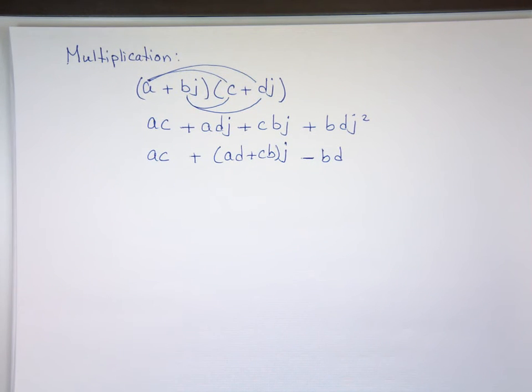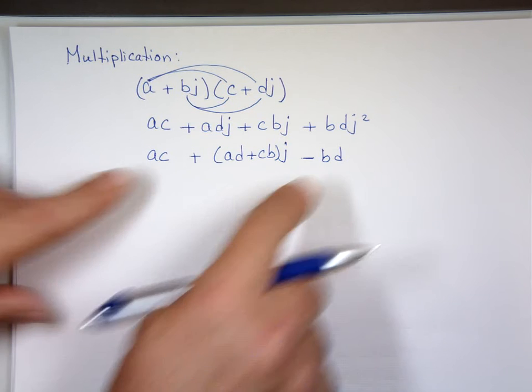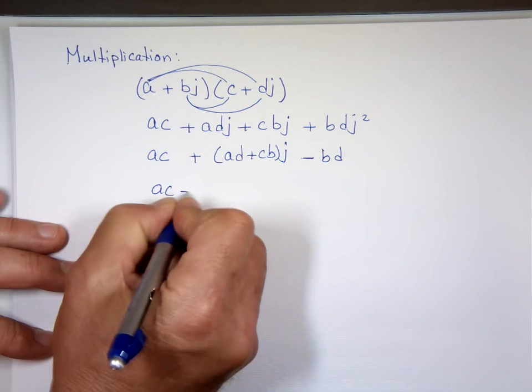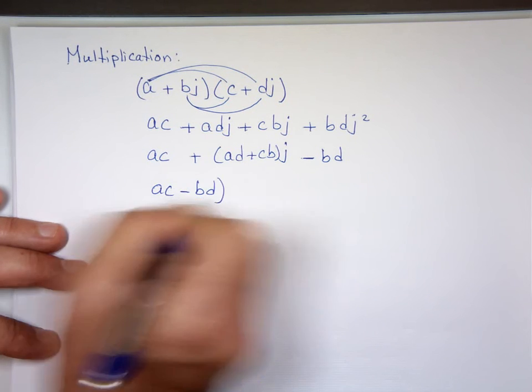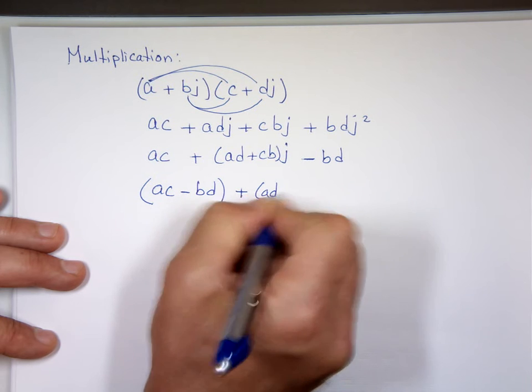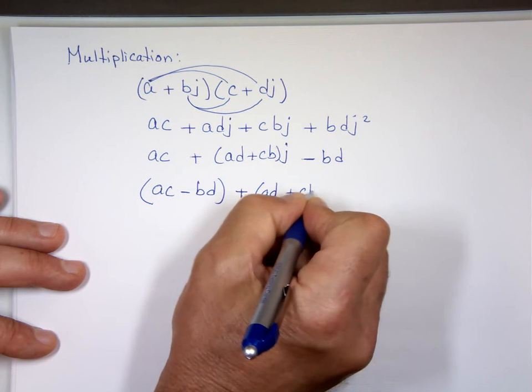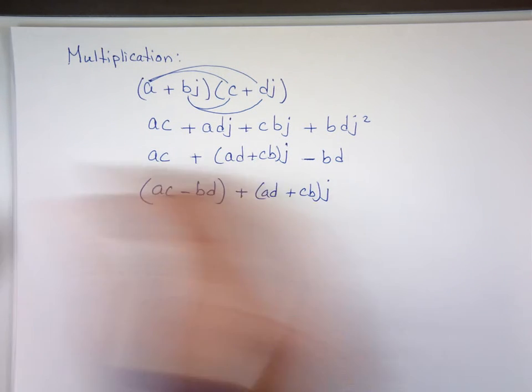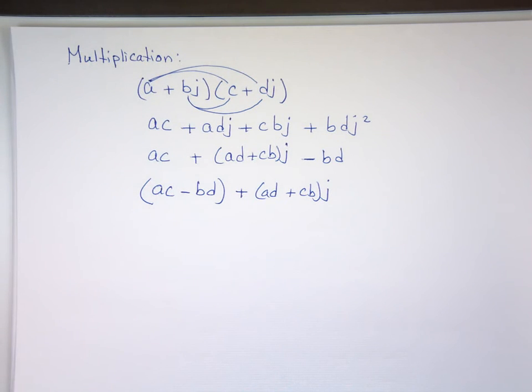There's no J in it, so I can take these two and put them together now. And that's what you're going to have. So we're going to FOIL them all the time. I'm not going to memorize this because I'll never remember it. But I'm going to FOIL my problem, and I know J squared is negative 1.